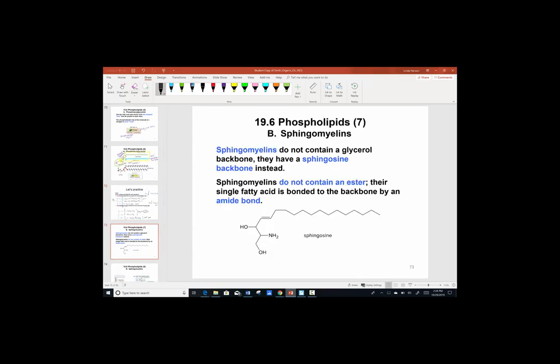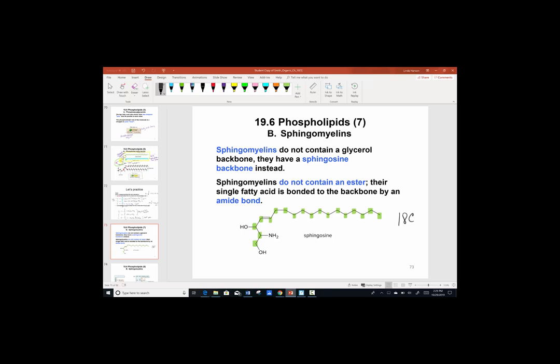We mentioned there was a second category of phospholipids, a sphingomyelin. Sphingomyelins do not contain a glycerol backbone, but instead their backbone is called sphingosine, a sphingosine backbone instead. 1, 2, 3, 4, 5, 6, 7, 8, 9, 10, 11, 12, 13, 14, 15, 16, 17, 18 carbons in the sphingosine molecule.